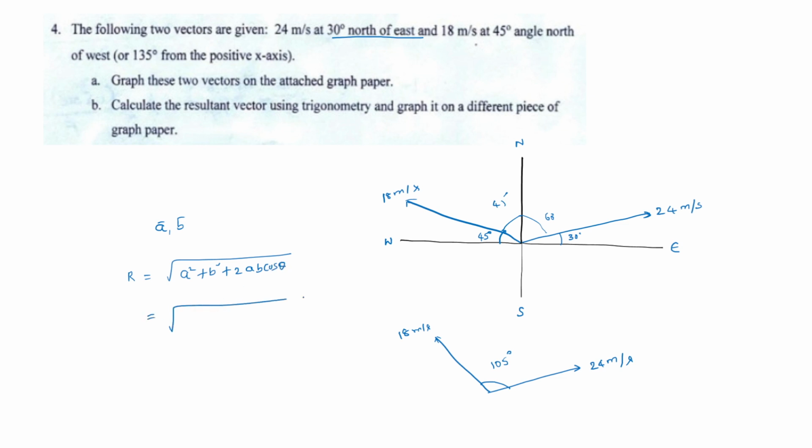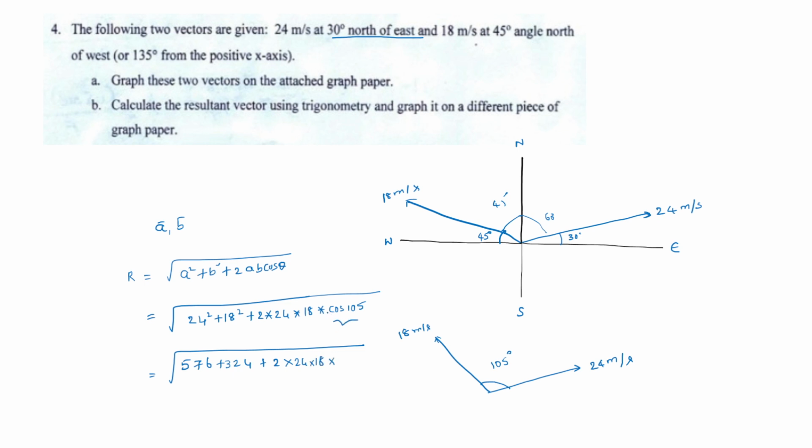So that is 24 square plus 18 square plus 2 times 24 times 18 times cos 105. So that would be 576 plus 324 plus 2 into 24 into 18 into cos 105.